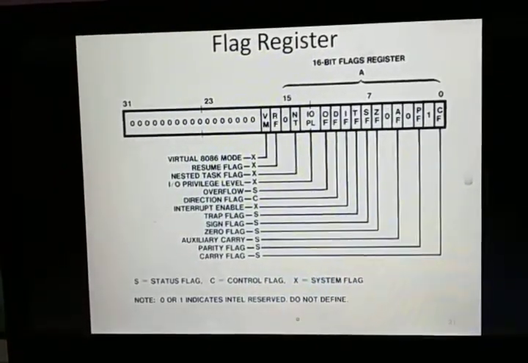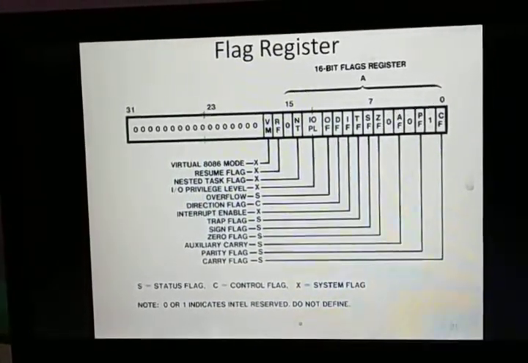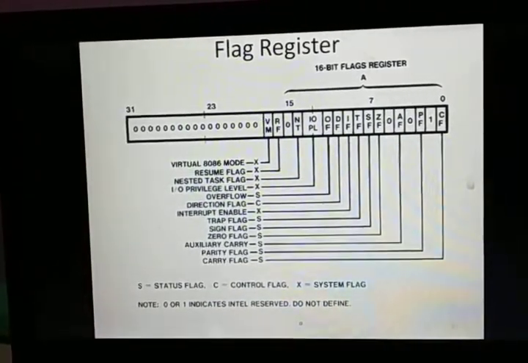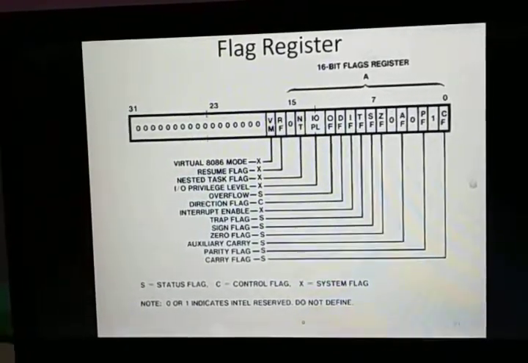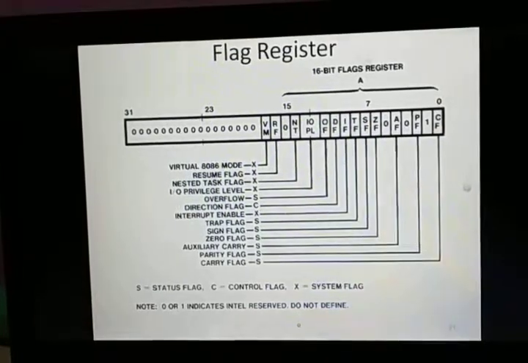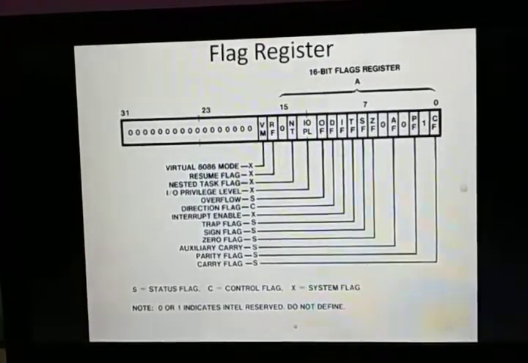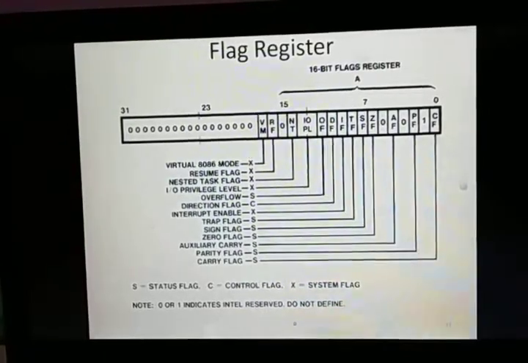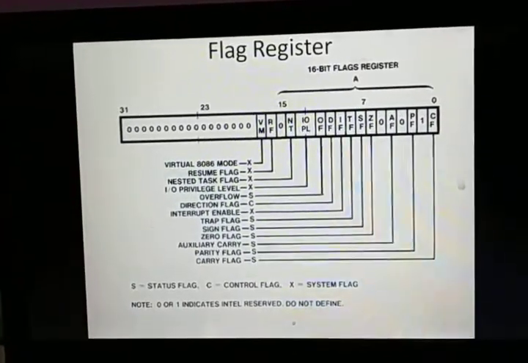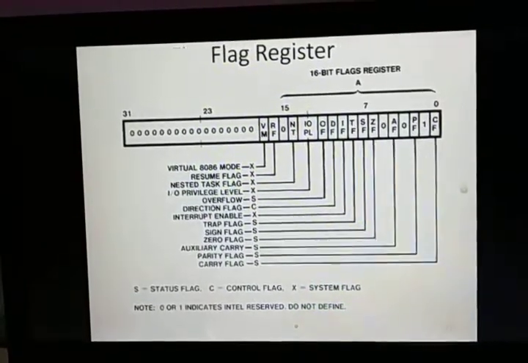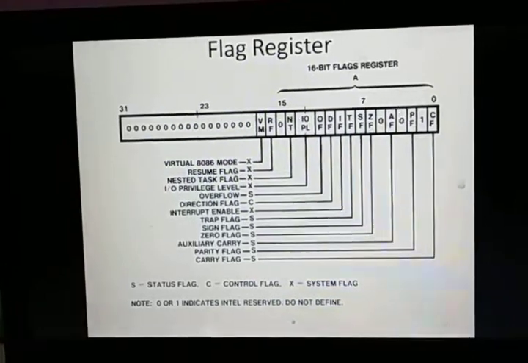So you divide an 8-bit number into two parts, 4 bits and 4 bits: the lower 4 bits are one nibble and the other 4 bits are the other nibble. Whenever you perform an operation and a carry is generated from the lower nibble to the higher nibble, the auxiliary carry flag bit is set to 1.